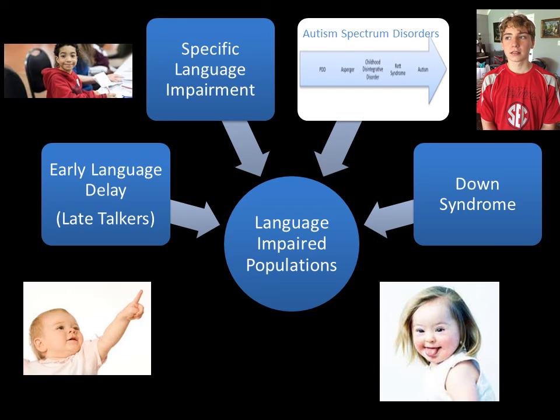The next population that we'll discuss are children who have Down syndrome. Down syndrome is a genetic disorder usually accompanied by intellectual disability. There are three types of Down syndrome: trisomy 21, translocation, and mosaicism, and all of those have to do with a chromosomal mutation.